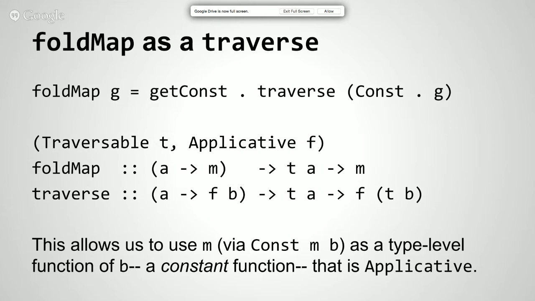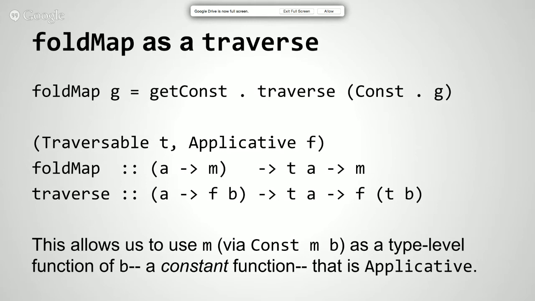In the middle, we see the foldMap type signature and the traverse signature, and it seems like they're irreconcilable. Traverse requires an A arrow F B, and foldMap requires an A arrow M, where M is some completely different monoidal type. But Const M B is a way of saying the constant M in terms of B, so we're ignoring B, and that's applicative.